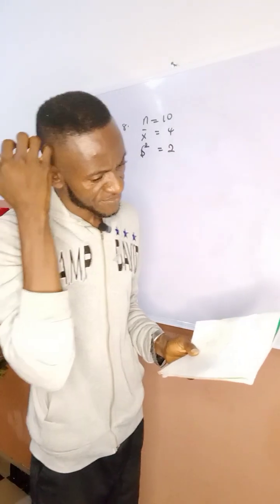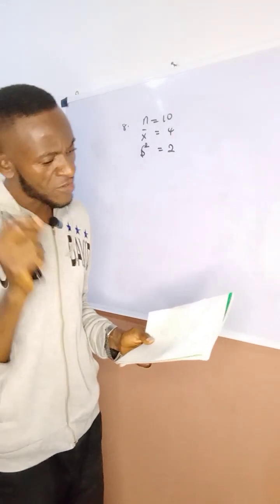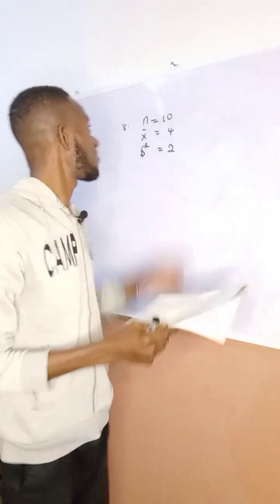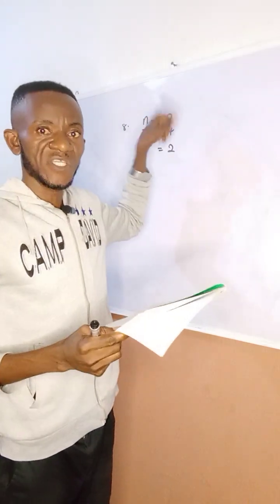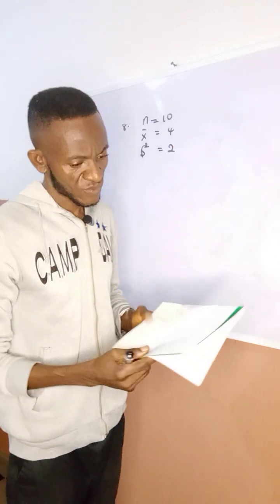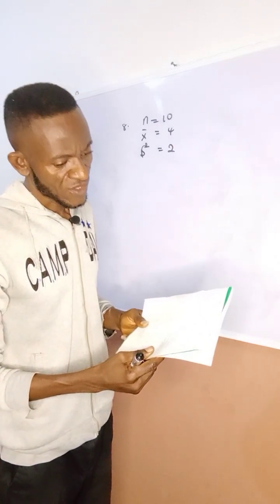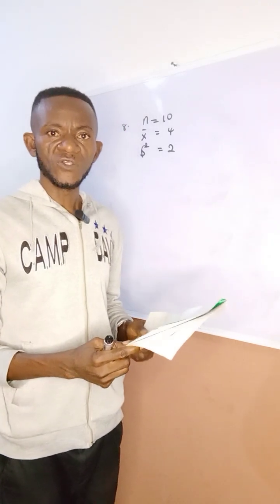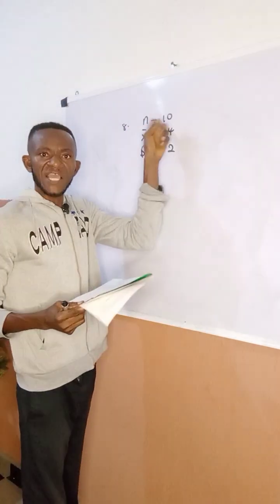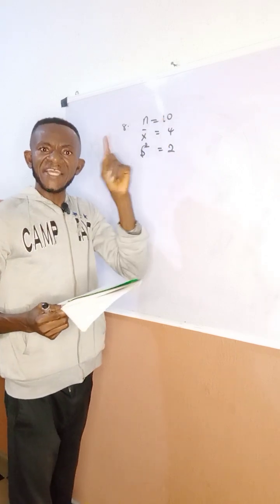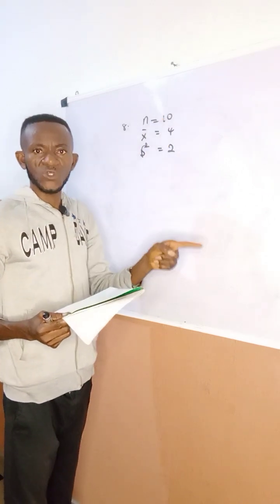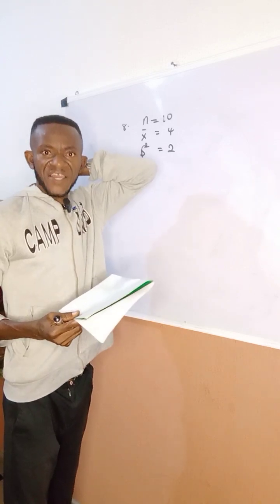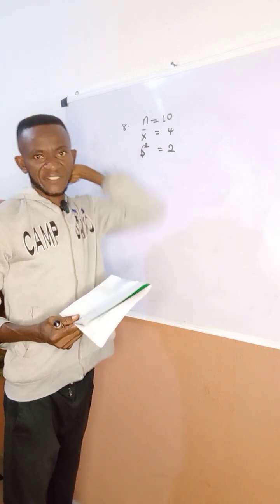So they now ask, if every observation in these 10 observations is multiplied by 2, the mean and the variance of the new series will be? So when you multiply each of the observations by 2, what is going to be the mean and the variance of the new series?